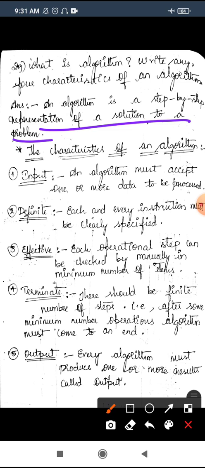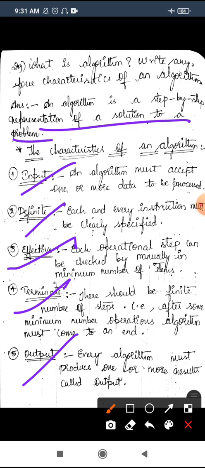So the characteristics of an algorithm are input, definite, effective, terminate, output. So all algorithms will have these features. Input means every algorithm must have one or more data to be processed.